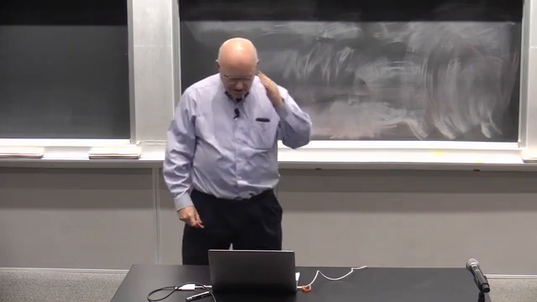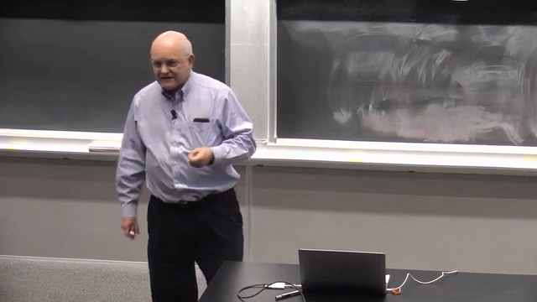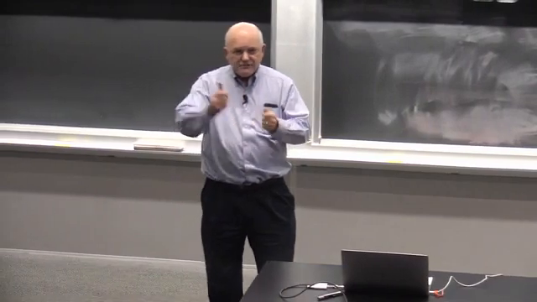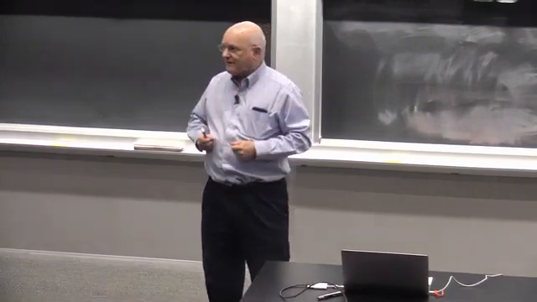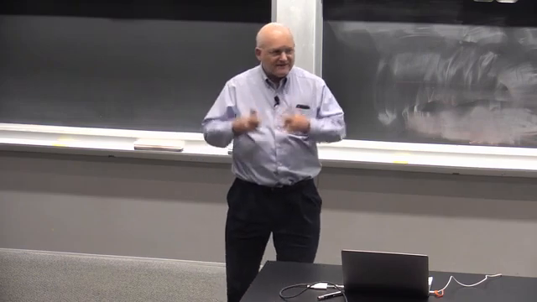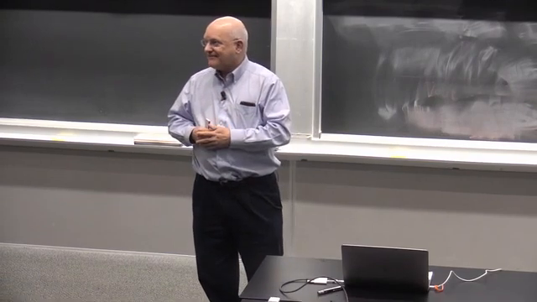Good. So let's start. I want to talk about speculative parallelism for a little bit, because that's kind of what you need to make the code go fast. So if you look at code like alpha-beta, it turns out that it's inherently serial. That is, if you try to do things in parallel, then you miss the cutoffs. And if you miss the beta cutoffs, then you start doing work that you wouldn't necessarily need to do.